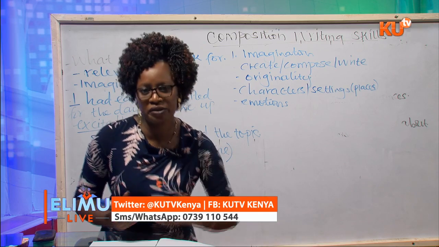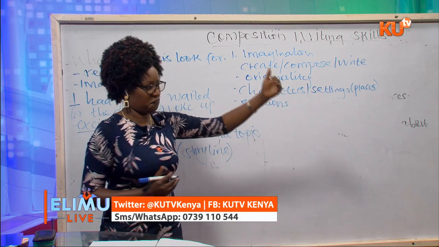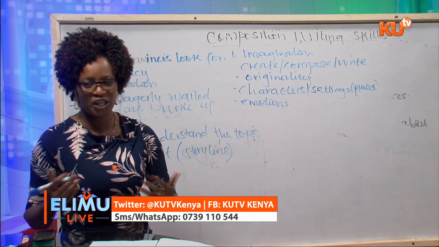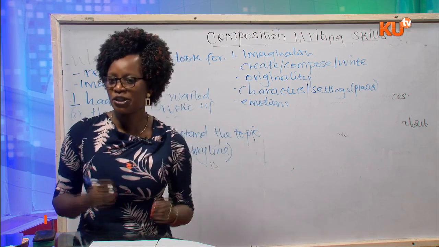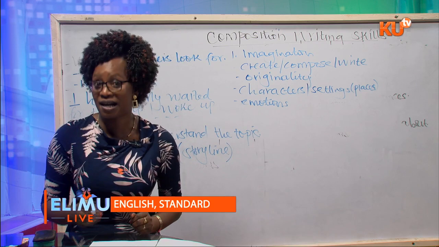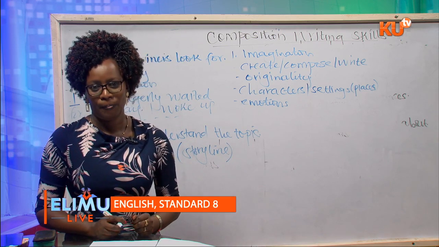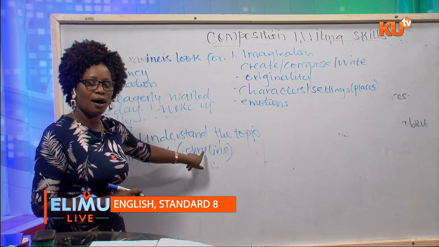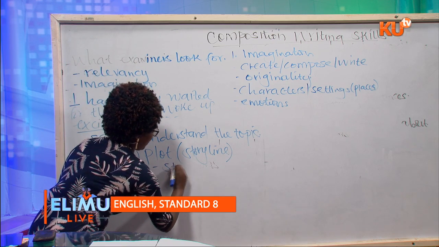You only change the characters, you change the feelings, you change the settings, you even change the time, so that your story will look original and it will look unique. It will be one of your own. So that is one way that you can get a storyline or a plot from a story that you have read.